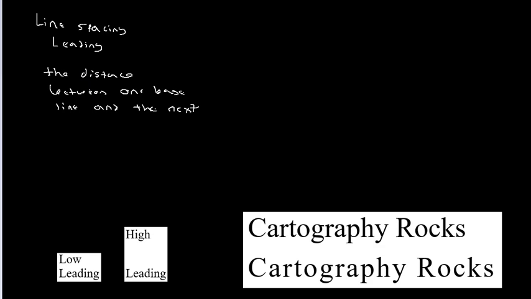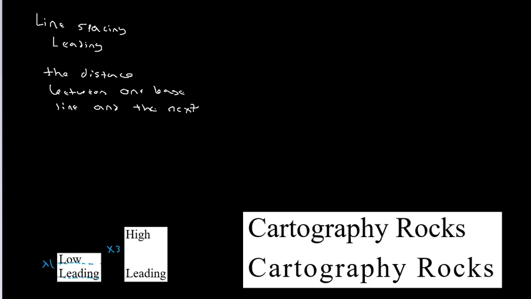What I want to show you here is this diagram that I drew down here, where we have 2 different leadings. This is times 1, so this is normal leading, and this is times 3. And what we're actually measuring here in terms of the distance is, this right here is baseline 1, and this right here is baseline 2.